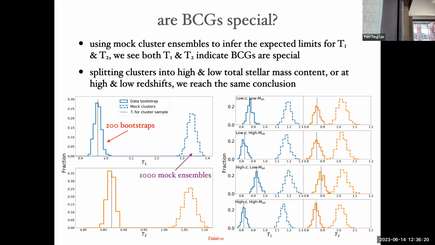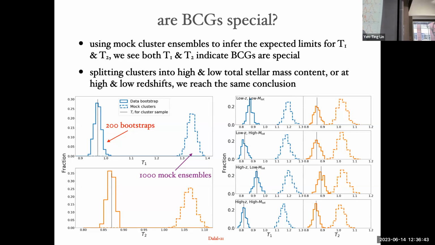Basically, we just combine all galaxies from all clusters and make fake cluster ensembles from this. And this represents our statistical expectation. And for the real data, this is the measurement from our sample. And then we do 200 bootstraps, and that gives us a distribution.